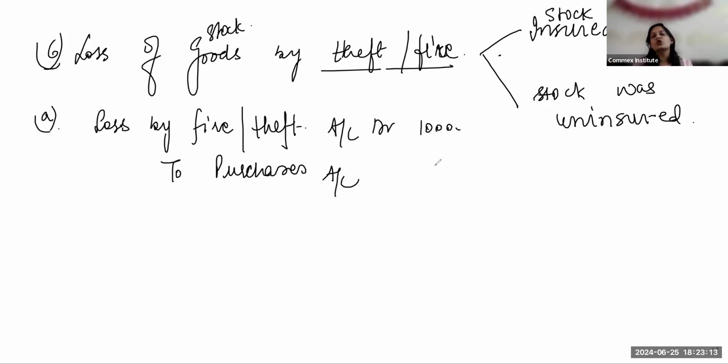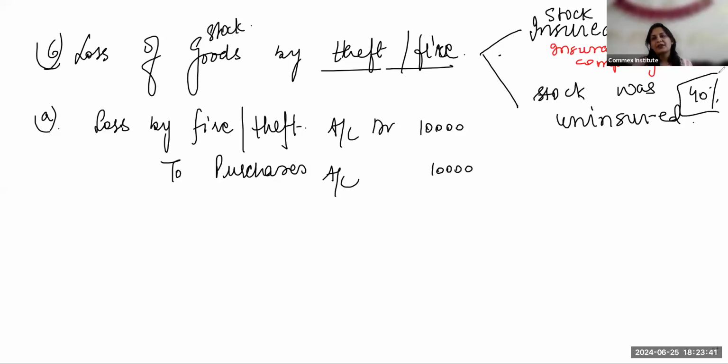Suppose 10,000 ka stock is lost. Now this stock was insured up to 60%. So 60% who's going to bear? The insurance company. This will be borne by insurance company. Insurance company will give us this much claim. And the remaining 40% who's going to bear for us?